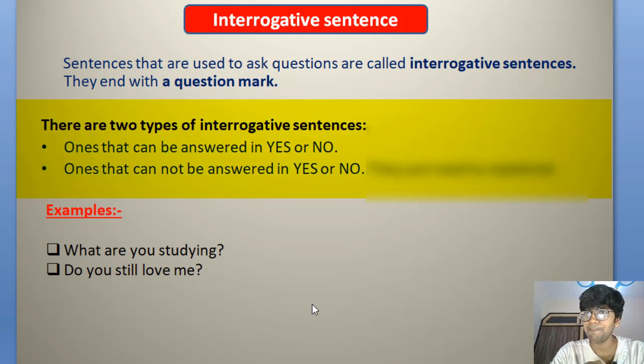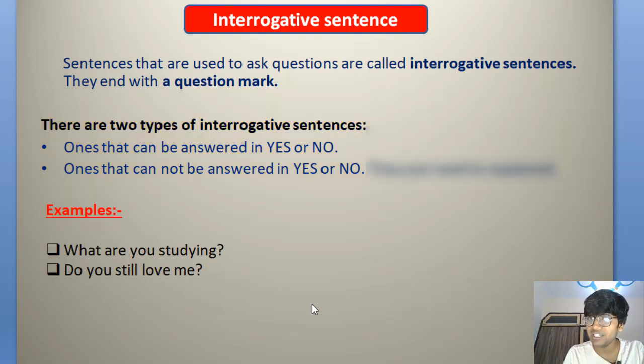Number one, sentences that can be answered in simple yes or no. These sentences start with helping verbs like is, am, are, has, have, was, were, all the helping verbs we have in English. The second type are sentences that cannot be answered in simple yes or no. They have to be explained. You need to justify the answer.